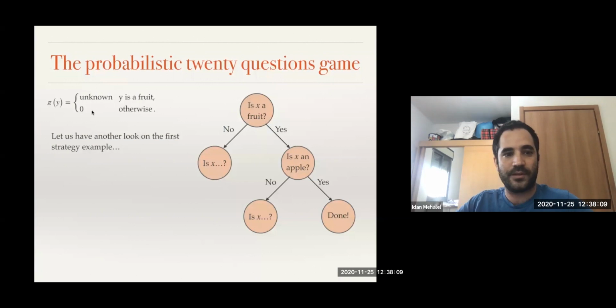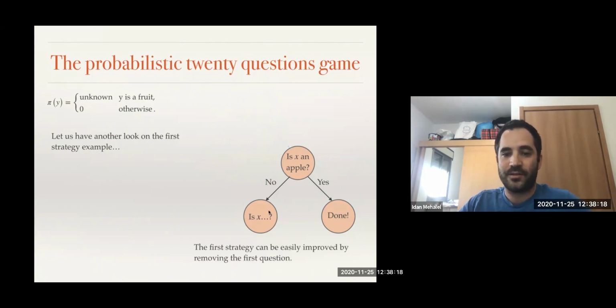If it's not a fruit, its probability to be picked as a secret element is 0. So we can remove this question and easily improve the strategy by one question. There's no point in asking this question at any point of this game, because X has to be a fruit.